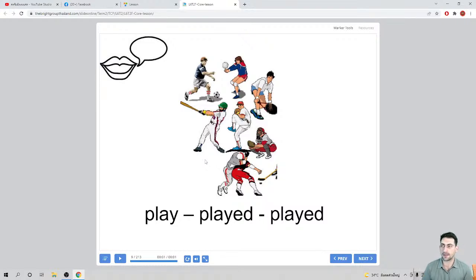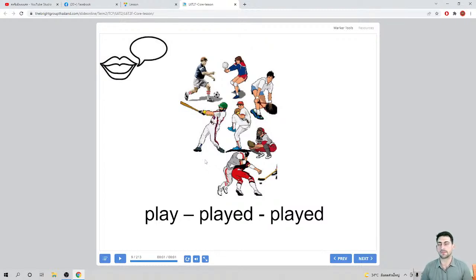If the forms are different, like eat, ate, eaten, or see, saw, seen, then the verb is irregular. Let's repeat them one time. Play, played, played. Play, as I play football, when in the present, yeah. Played, yeah, like I played baseball last weekend.